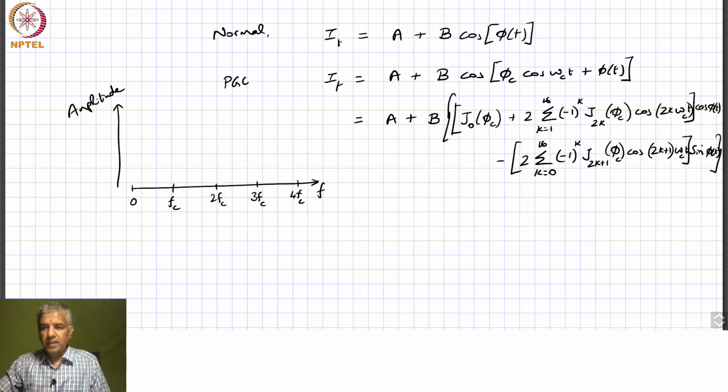And the key point is this: now the even frequency components are associated with cos of phi of t, okay, and the odd frequency components are associated with sine of phi of t. Okay.